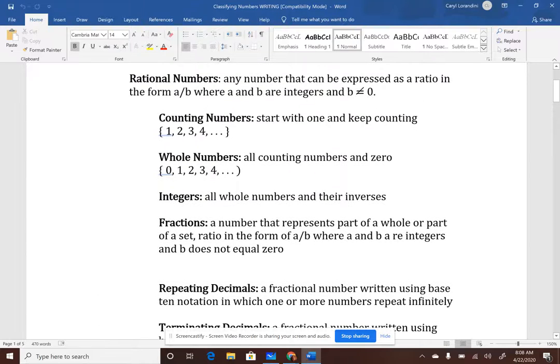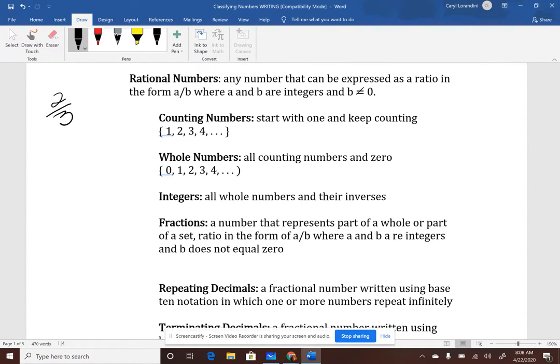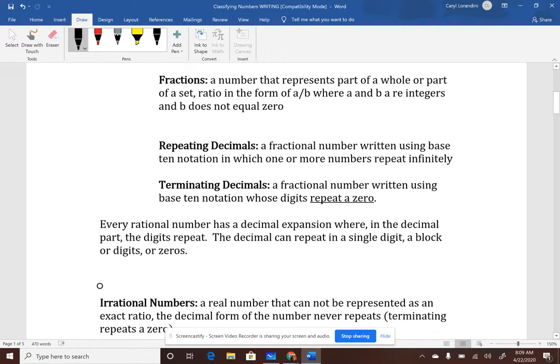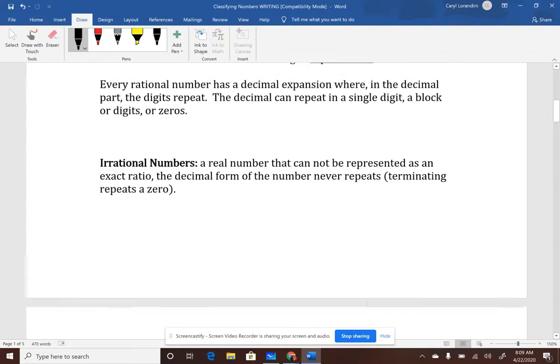Now here, this is the definition of rational: any number that can be expressed as a ratio in the form a over b, where a and b are integers and b doesn't equal 0. In a fraction, 2/3 all cool, 2 over 0 not cool. You can never have 0 in the denominator of a fraction. Okay, counting numbers, whole numbers, integers, fractions, repeating and terminating decimals are all considered rational.